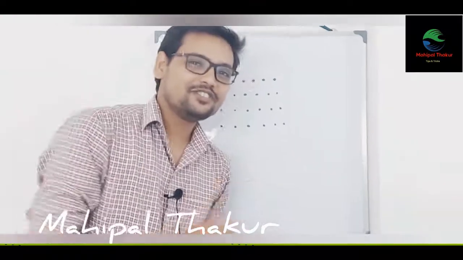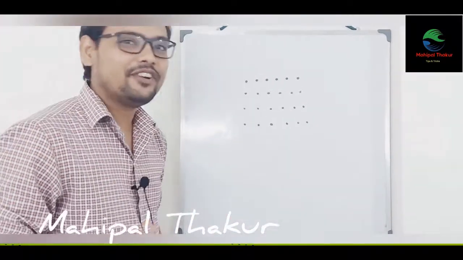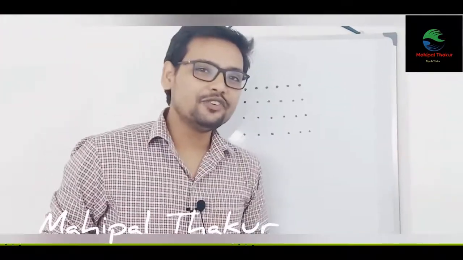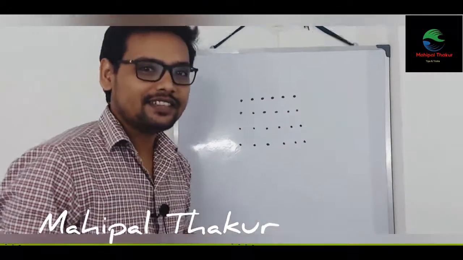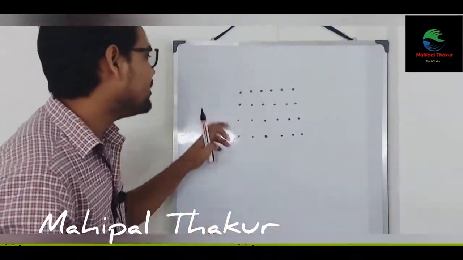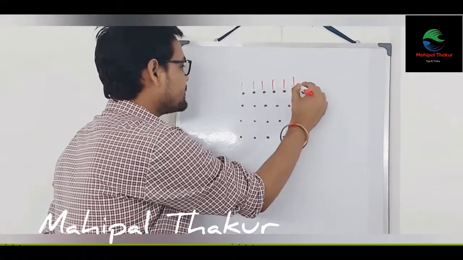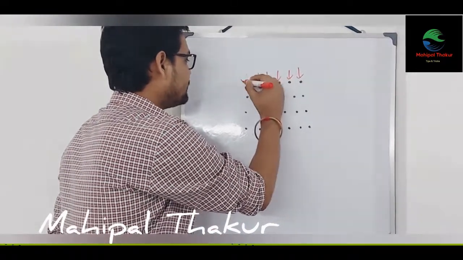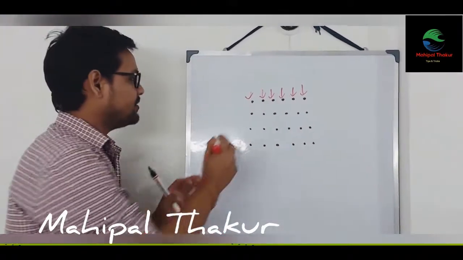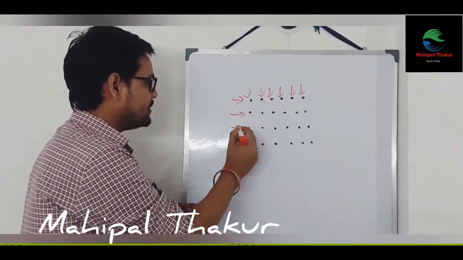How many circles do you see here? Pause the video and try it yourself. I bet you counted each circle. Instead of counting each circle, you could notice there are 6 columns, 1, 2, 3, 4, 5, 6, and 4 rows, 1, 2, 3, 4.